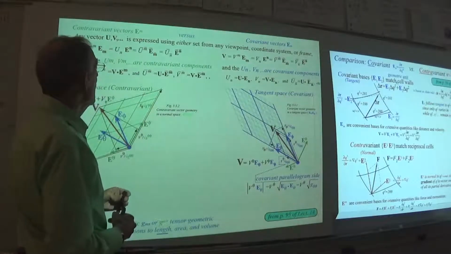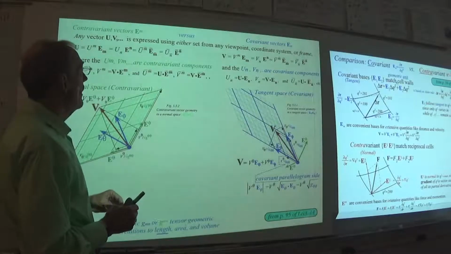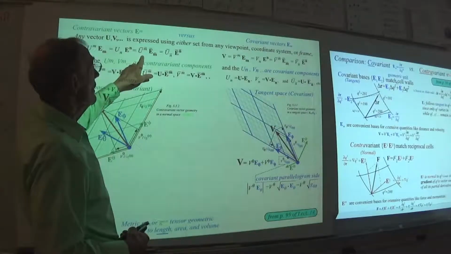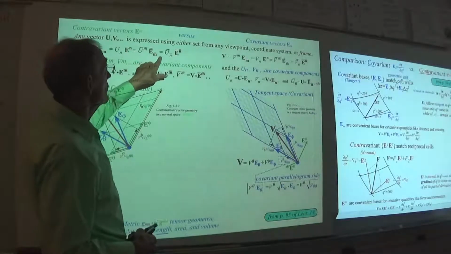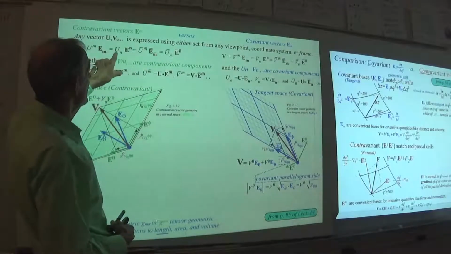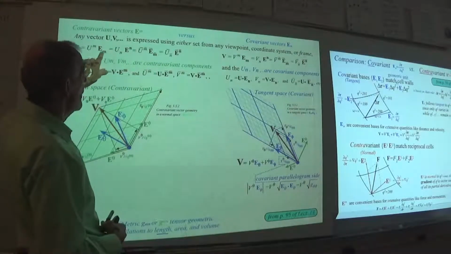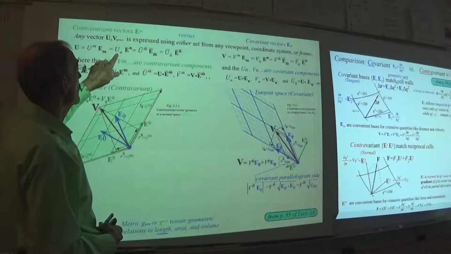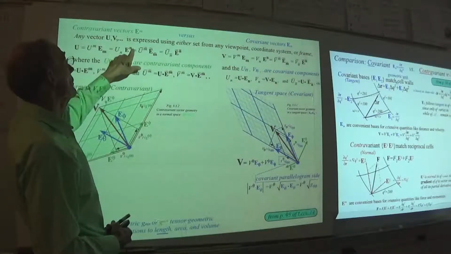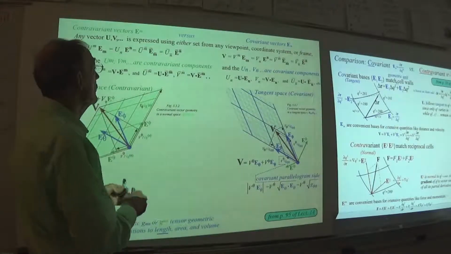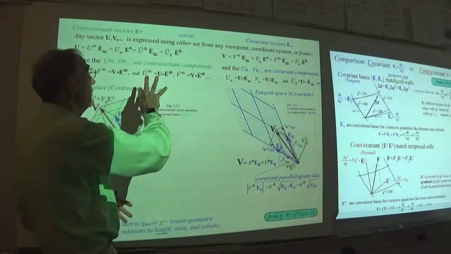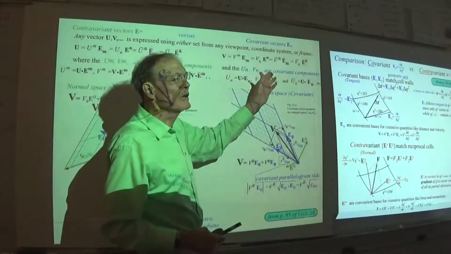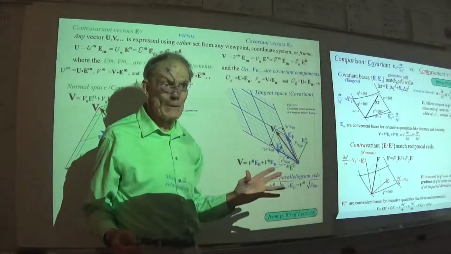So you see, any vector you have, wherever it is, can be written 4 different ways. First using the bars, and then using the unbars. Here using contravariant components with covariant vectors, or covariant components with contravariant vectors. And the idea is that the co and the contra cancel each other to get something that's invariant. Invariant to all of the choices of ways of looking at the thing.